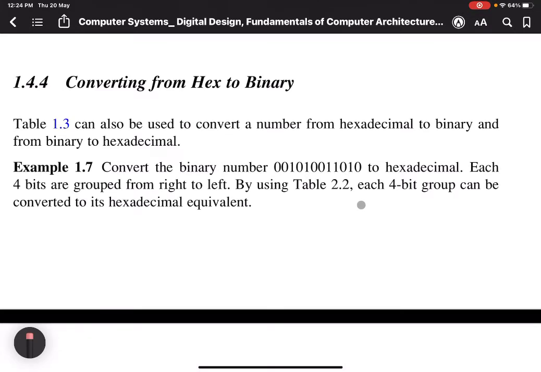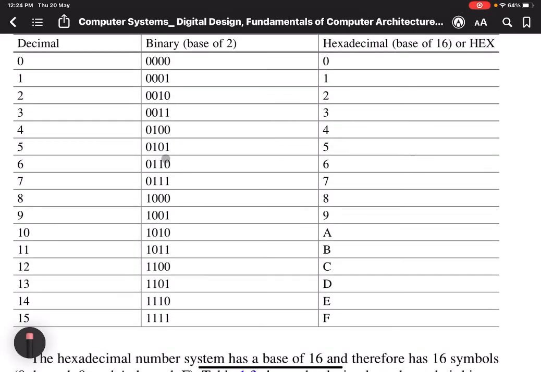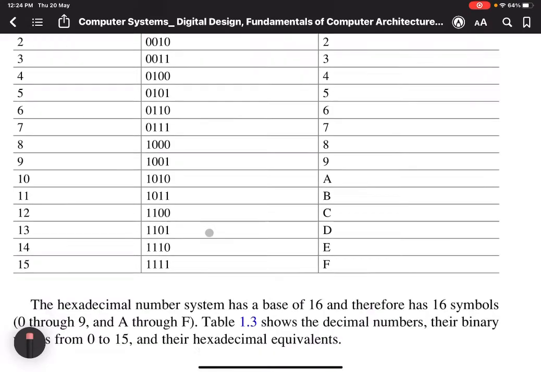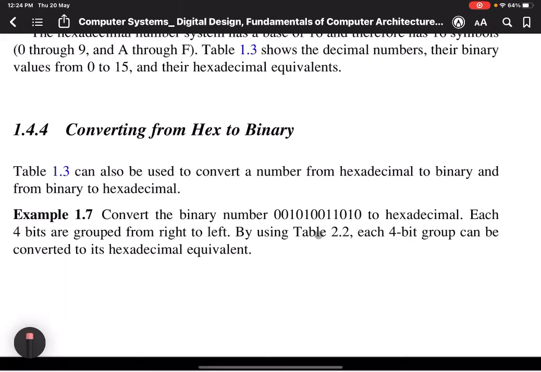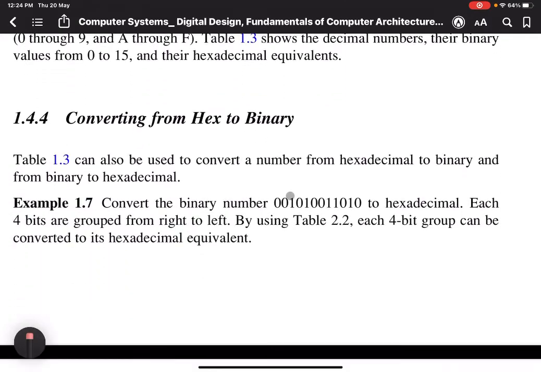By using table 2.2, each 4-bit group can be converted to its hexadecimal. After you divide it into groups of four bits, you will notice that they are groups of four. This is how you convert hexa into binary or binary to hexa. If you group this into 4 bits, then we can find the correct equivalent.